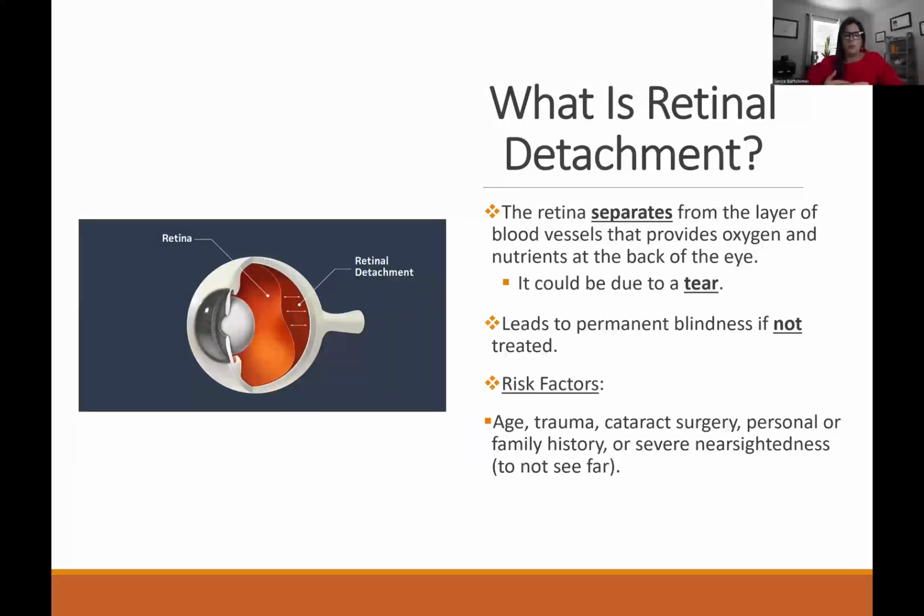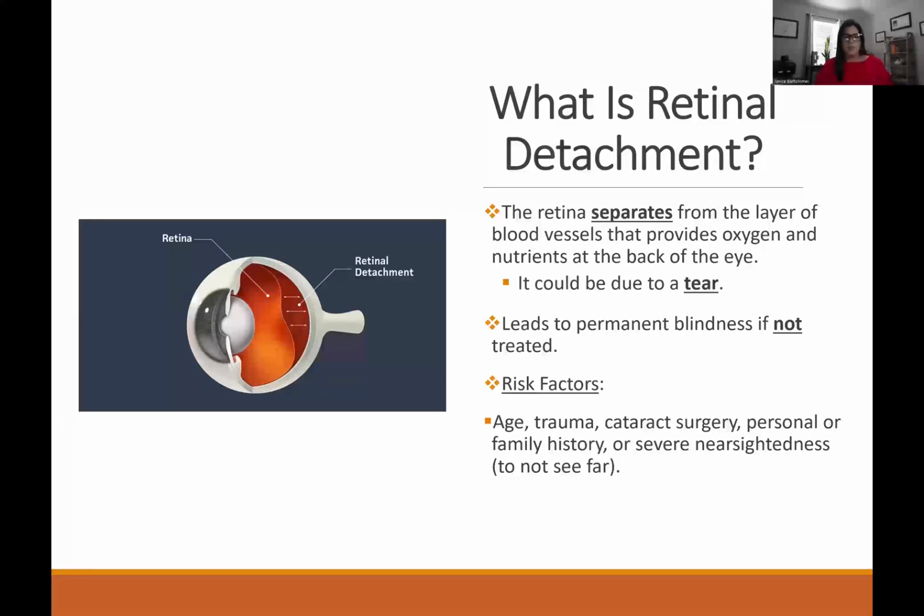So think about the retina as the life of the eye. If you don't have that, you unplug it, boom, no oxygen, no nutrients, no life. So you lose your vision. It can lead to permanent blindness if not treated promptly.